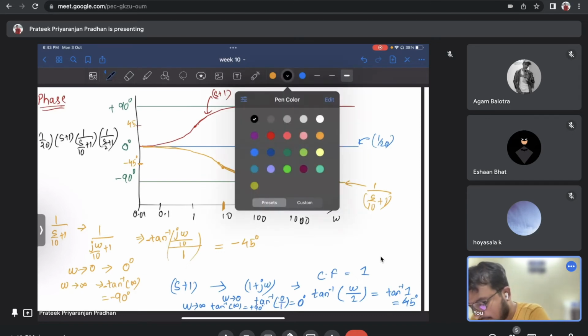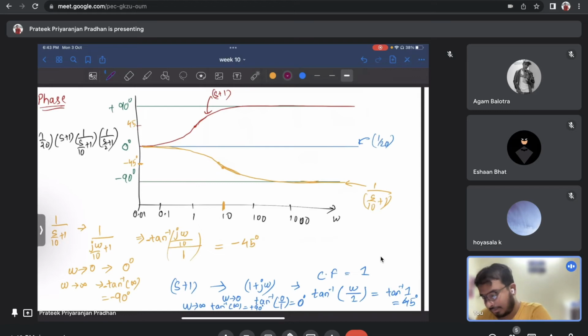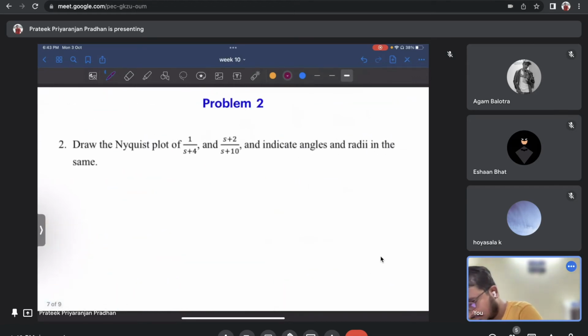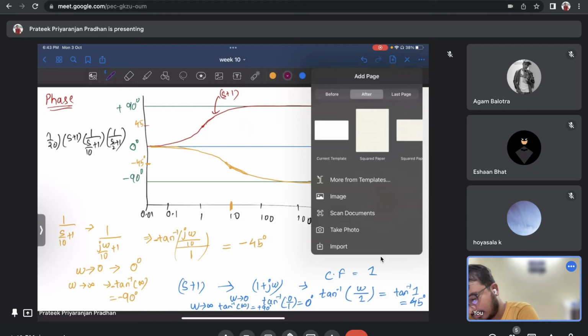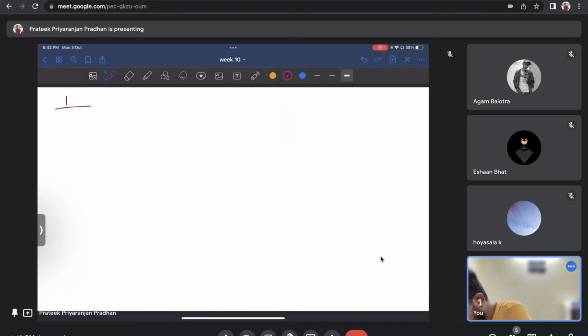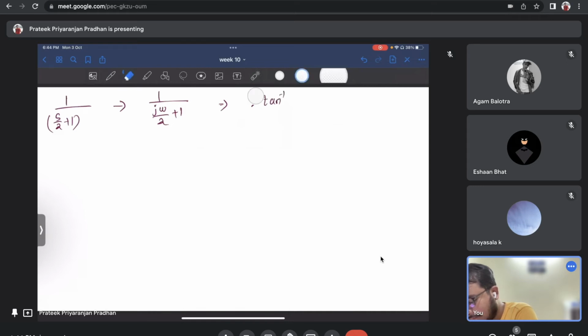Okay, now I'll choose this color. So now comes 1 by s by 2 plus 1. Similar to what I had done, j omega by 2 plus 1. That means the angle will be negative tan inverse of j omega by 2 whole divided by 1.